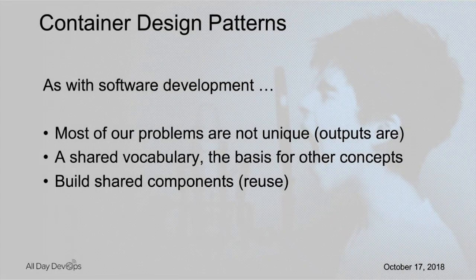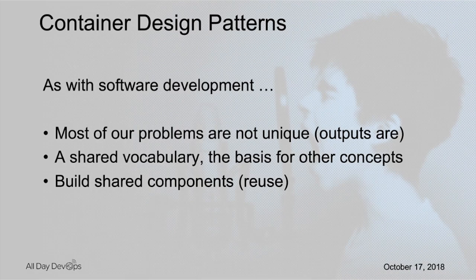So, as with software development, most of our problems are not unique. The problems that we are trying to solve, that we work on on our daily basis with our applications, are not unique. Let's be honest. We all have the same problems in the industry. We are all trying to work at scale with our applications, specifically if we are deploying our services through an API.